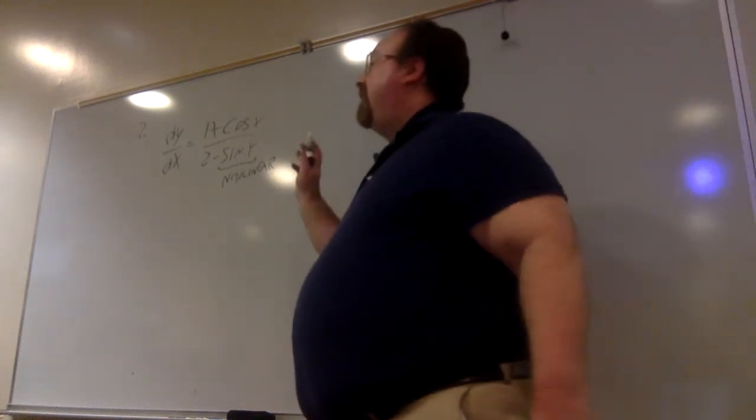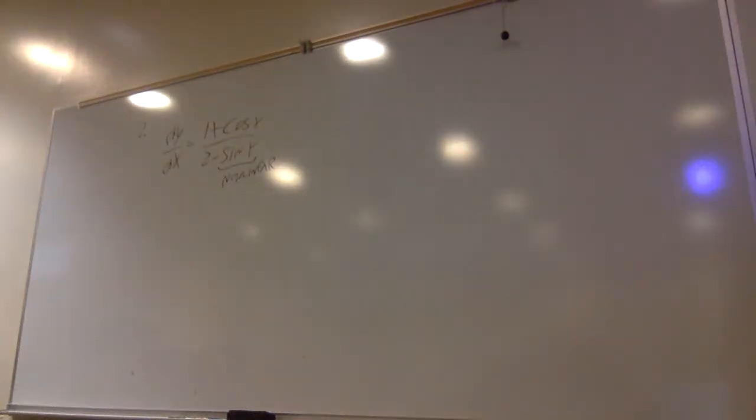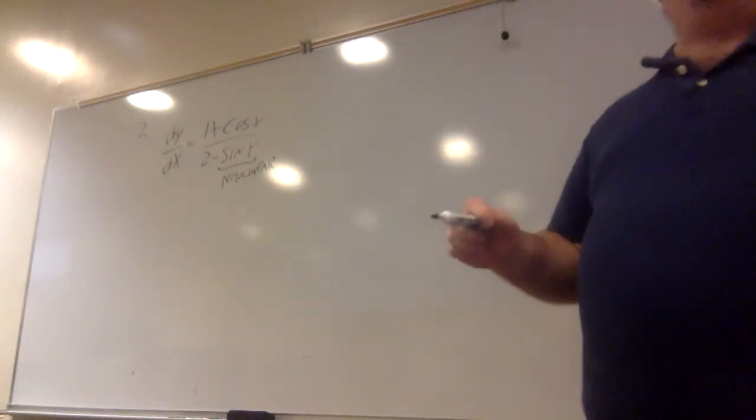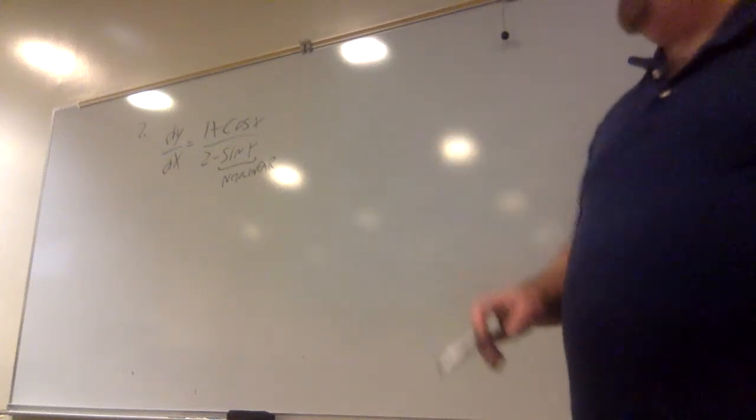So just looking at this, what type of equation does it appear to be? It is a separable equation. Now, I've defined separable to be function of x times function of y. Certainly, if it's function of x over function of y, that would also fit into that description.